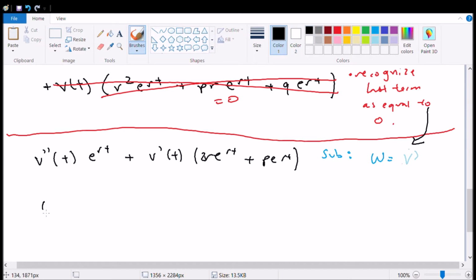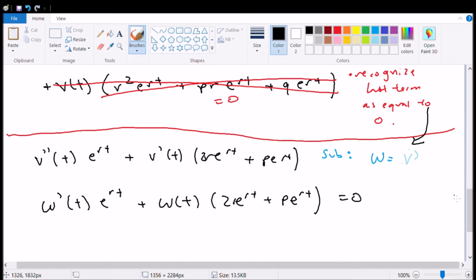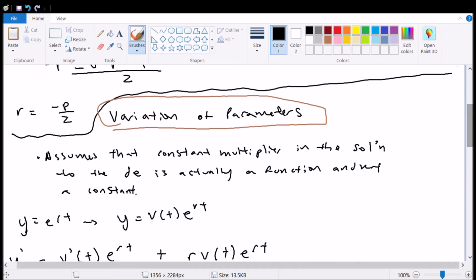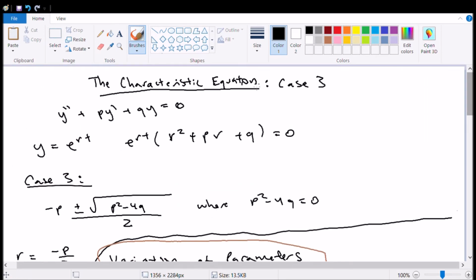And so we're going to have w prime t e to the rt plus w t (2r e to the rt plus p e to the rt). And then this whole thing is equal to 0 because, like I said before, we're substituting into this thing, which equals 0.